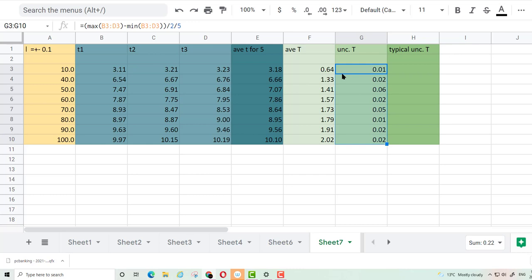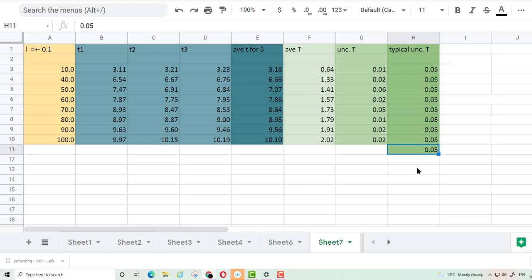And we're better off to overestimate our uncertainties than underestimate our uncertainties, and we also tend to like to choose nice round values. So I'm going to choose 0.05 as a typical uncertainty. And I'm just going to use that for all my periods.